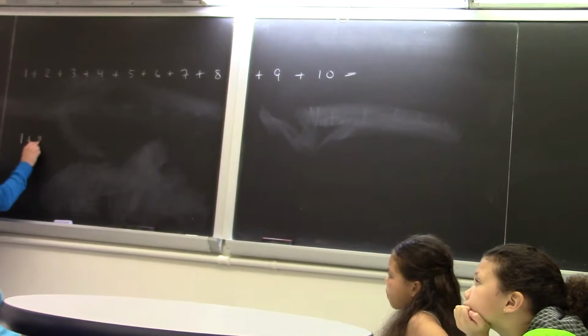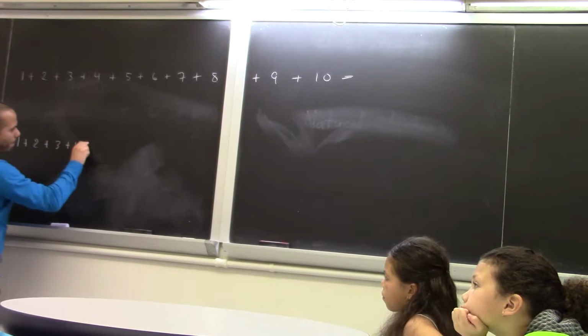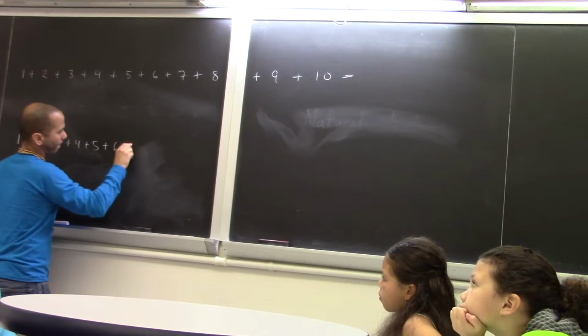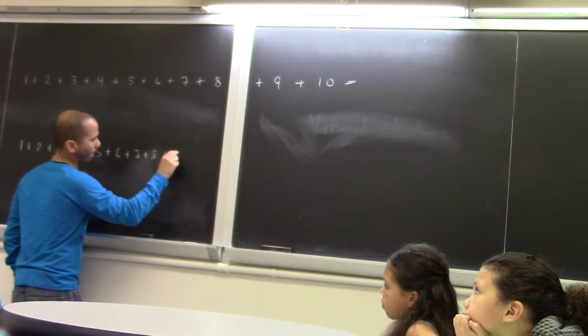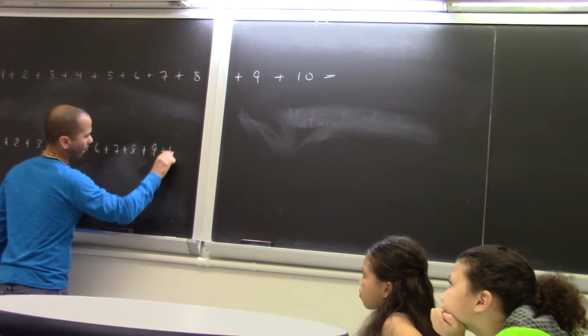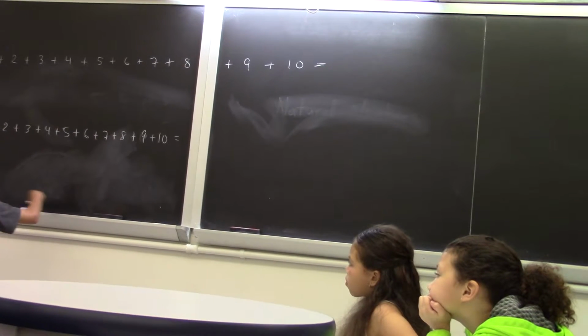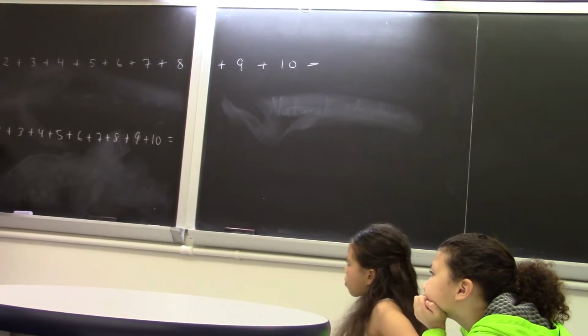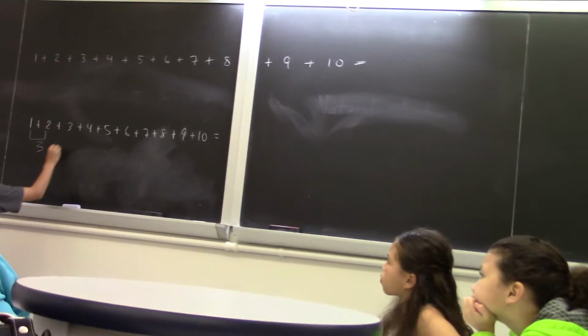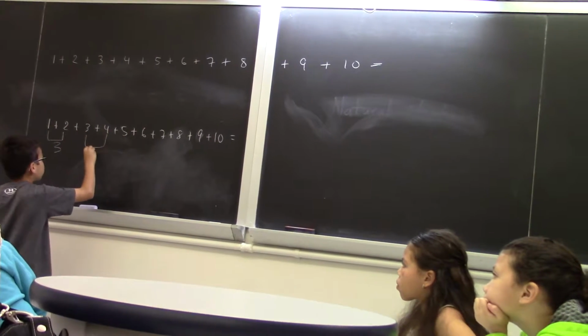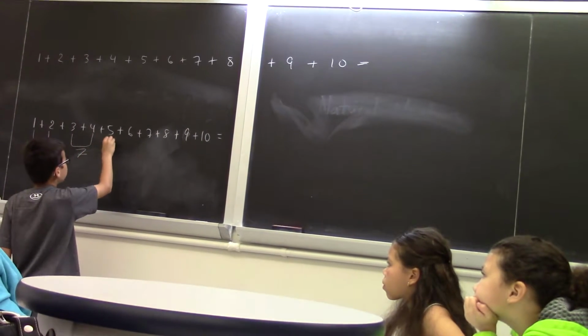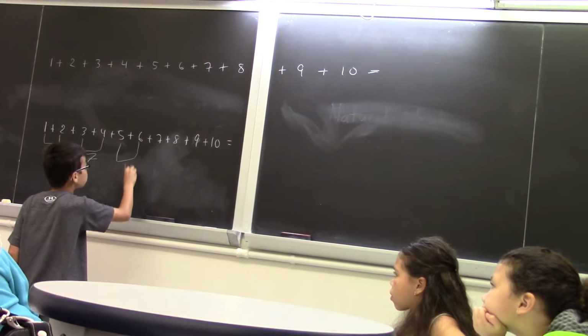Okay, what do you want to do? Let's see. Plus 21, plus 22, plus 23, plus 24, plus 25, plus 43 equals 115. That's 9.